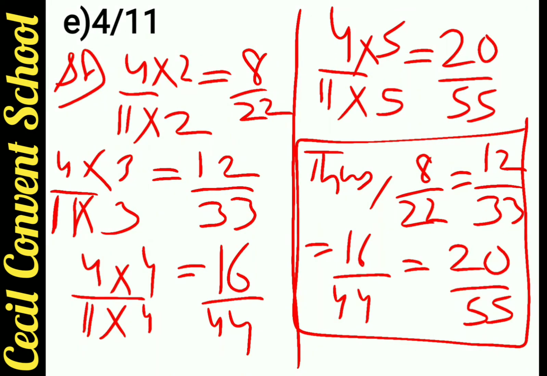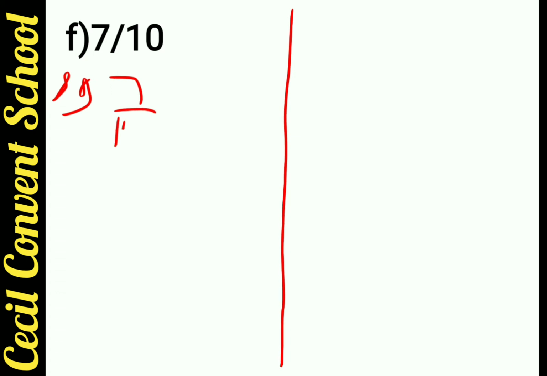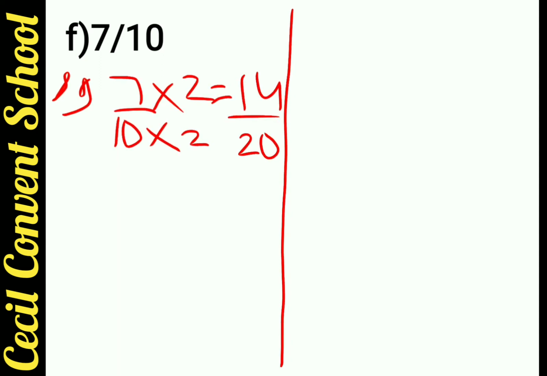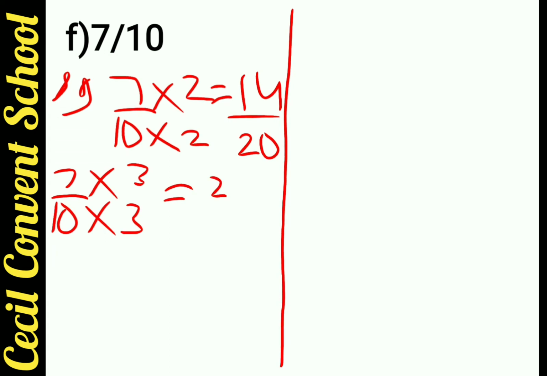Clear? Now we do F part of it. Again we make a column. Solution, you write down: 7 by 10 multiply by 2 first. Answer comes 14 by 20. 7 by 10 multiply by 3. Answer comes 21 by 30. 7 by 10 multiply by 4.